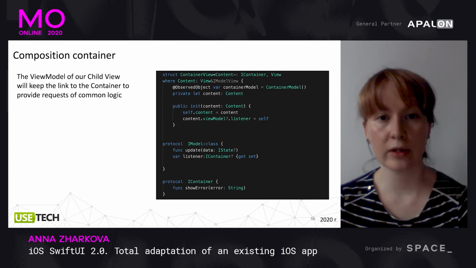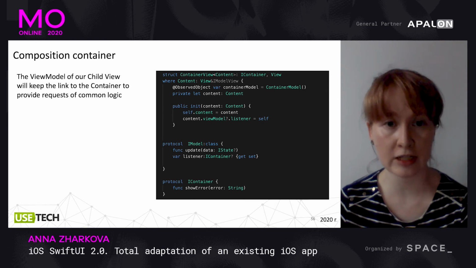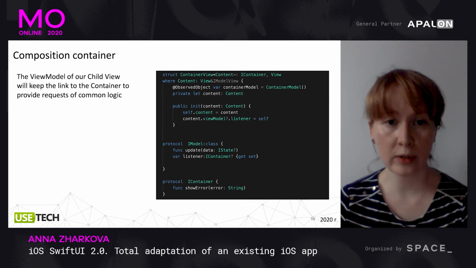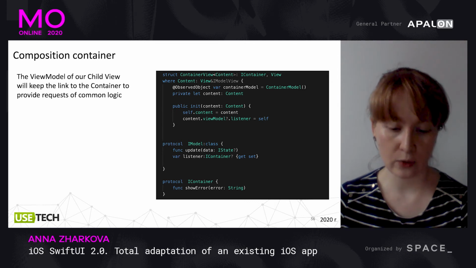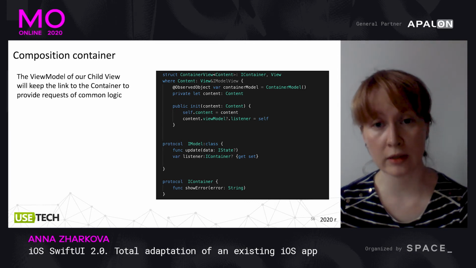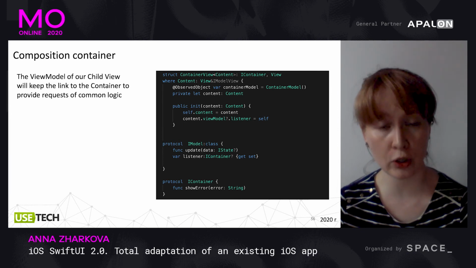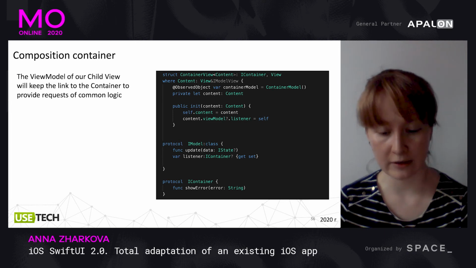When we put our child view as a parameter in the initializer of our container view, we will hold the reference to the container in the view model of our view. So it is a very good idea for all our models to implement one common protocol to hold the reference to the container and to perform some common logic.